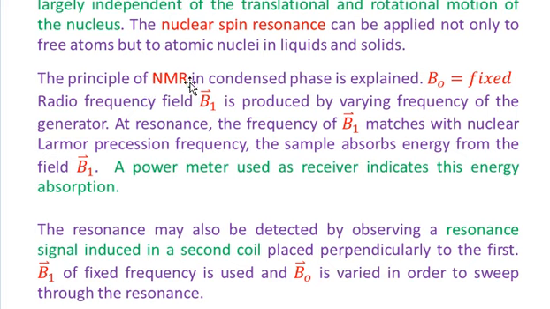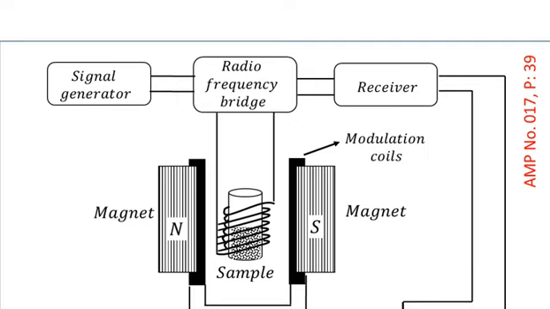The principle of nuclear magnetic resonance in condensed phase, that is in the materials in which the molecules or the atoms are completely solidly packed, is explained. B naught is fixed. Radio frequency B1 is produced by varying the frequency of the generator. So let me show you the experimental setup over here. This setup.